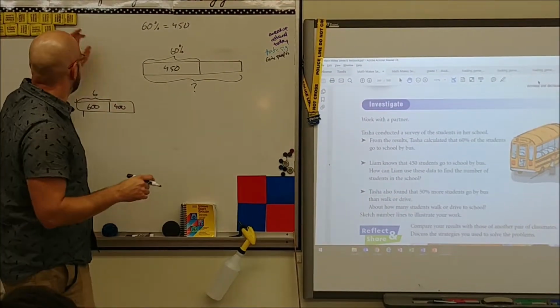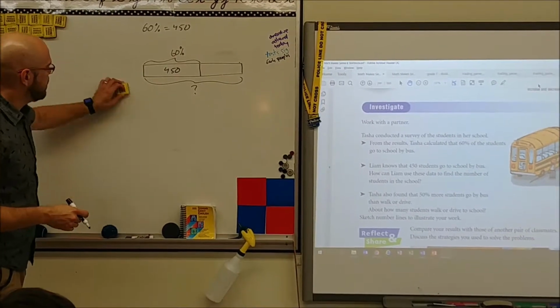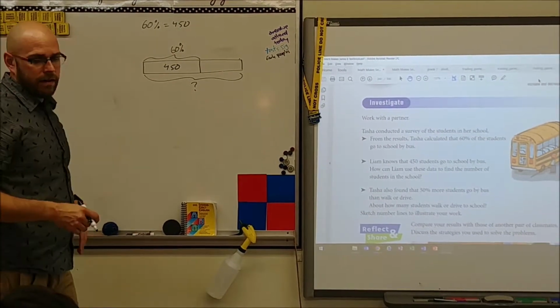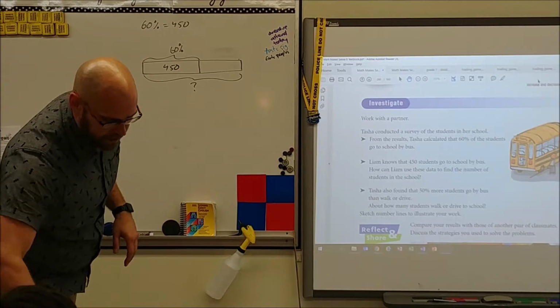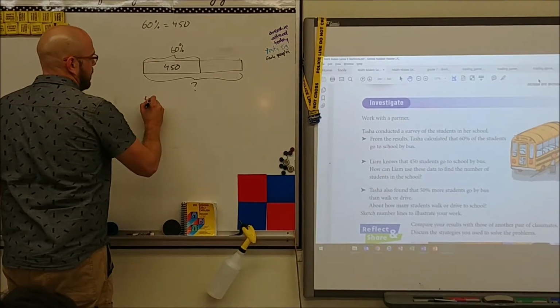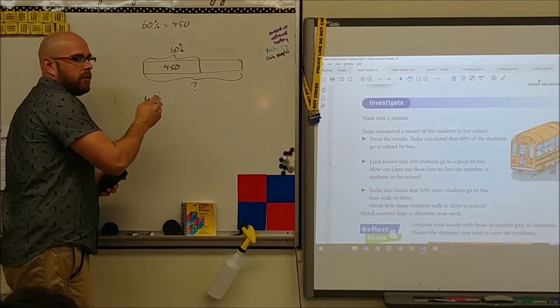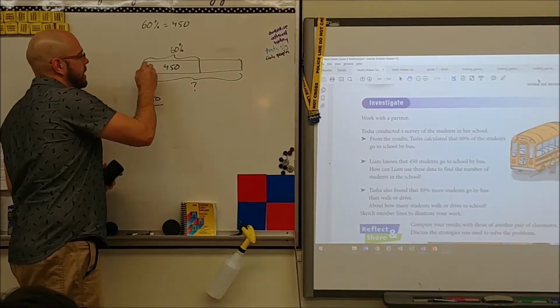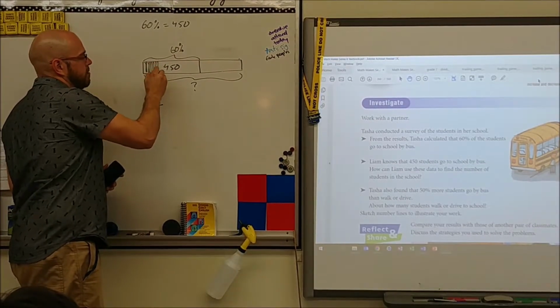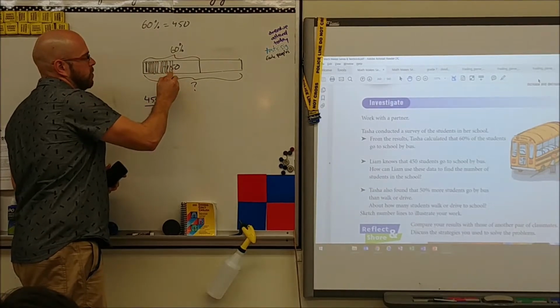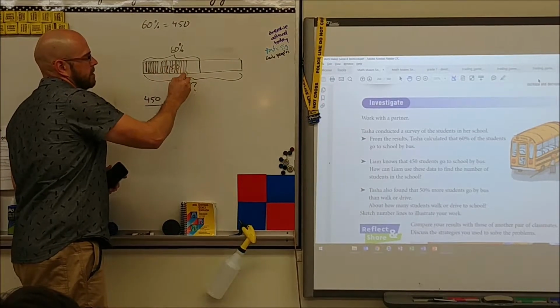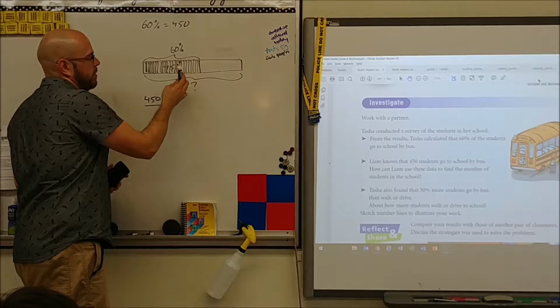Well, we're going to do something kind of similar over here. I'm going to take my calculator for this one, because I'm going to take 450 and divide it. Watch this. What if I cut this into 60 pieces, and each one of them is worth 1%? And I found out what 1% is.